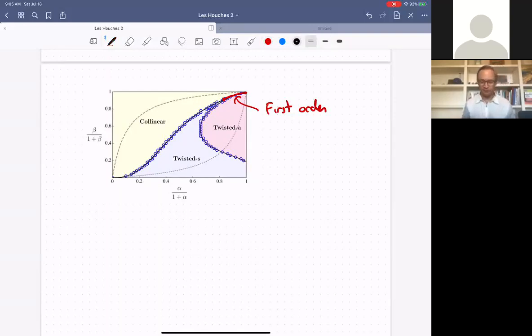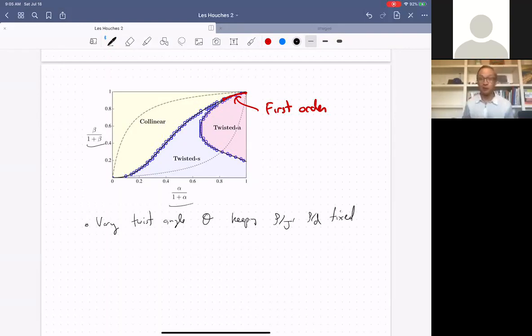So one thing to note is I've chosen for convenience to draw these axes in terms of these funny variables, alpha over 1 plus alpha. If we think of a physical system, we can imagine varying the twist angle theta. That'll keep rho over J prime and rho over D fixed.